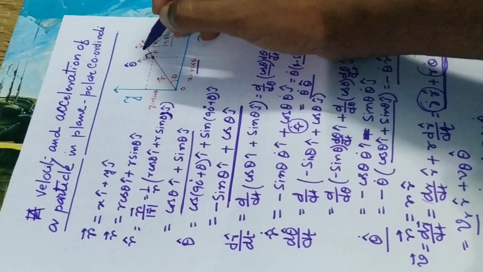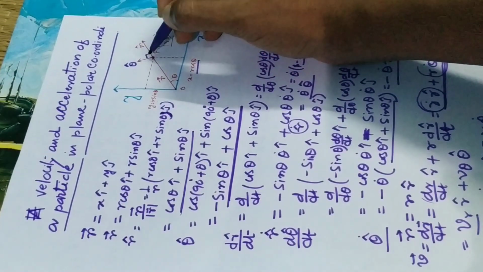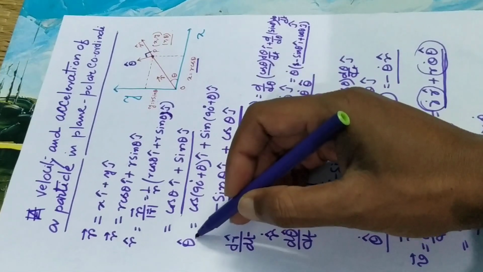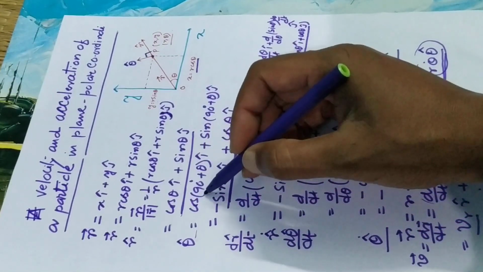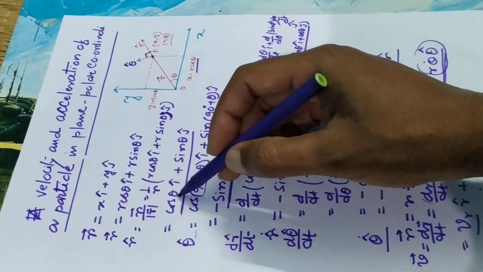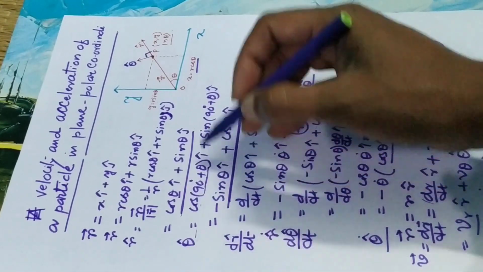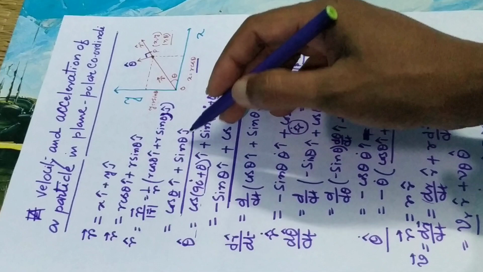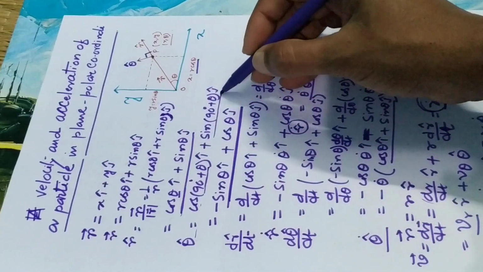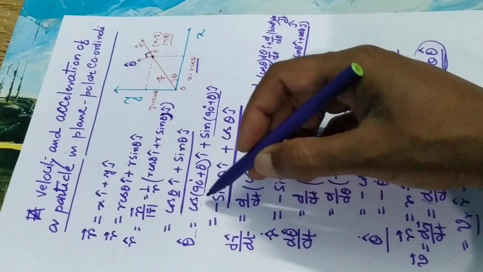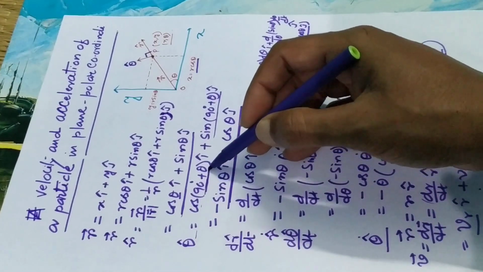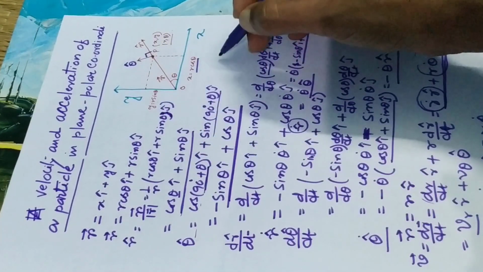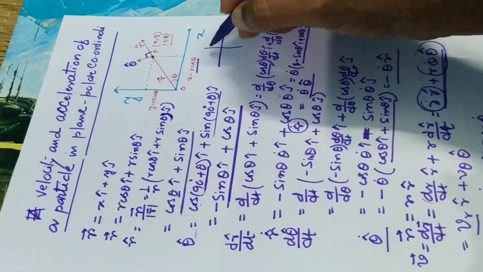And since theta cap is a unit vector in a direction perpendicular to r, theta cap can be expressed as cos(90 degrees plus theta) i plus sin(90 degrees plus theta) j. Now cos(90 degrees plus theta) falls in the second quadrant.